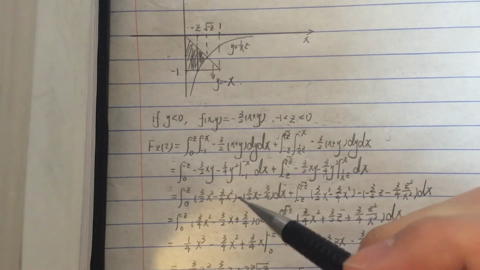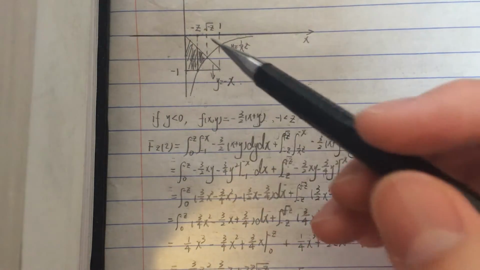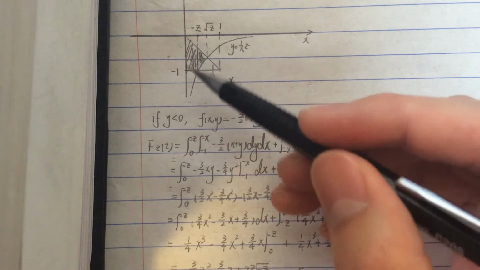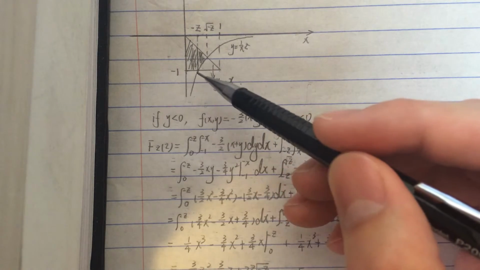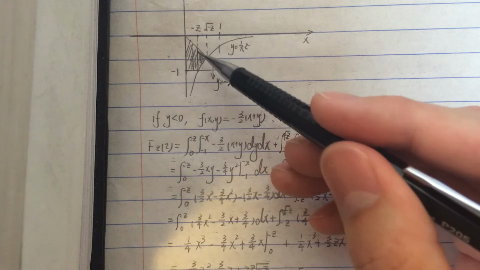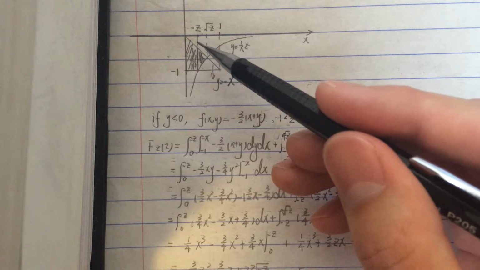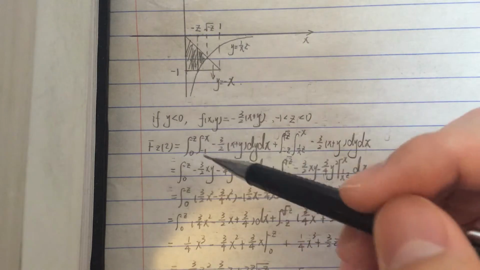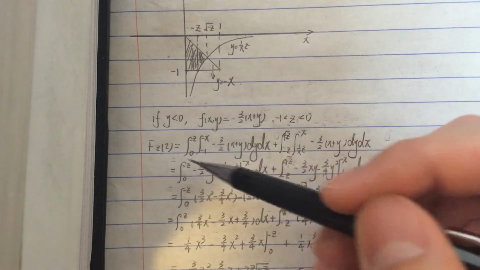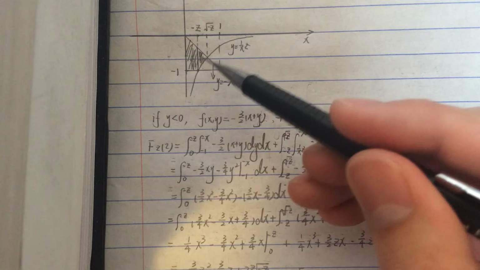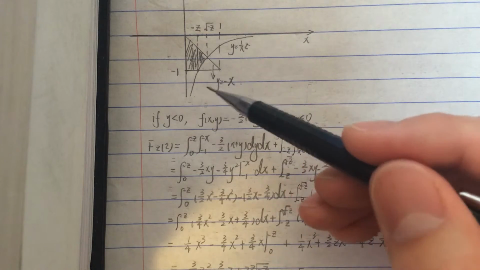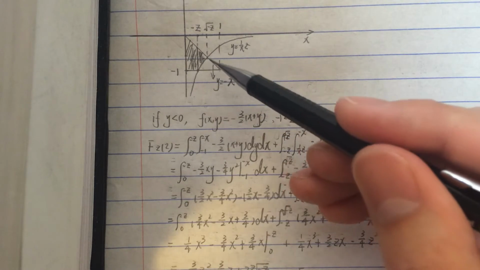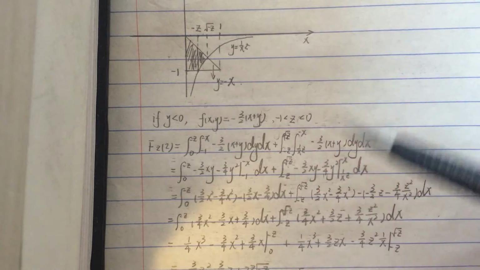So we can set the integration limit. For the first part, y will be minus 1 to this curve, minus x, and x will be 0 to minus z. For this region, y will be minus x to 1 over x times z.